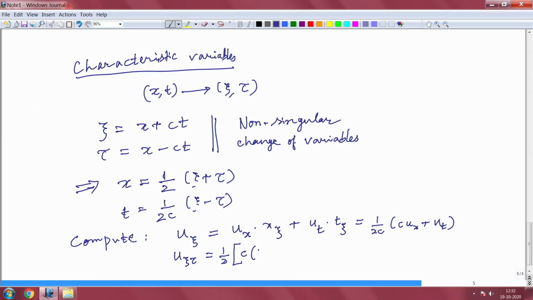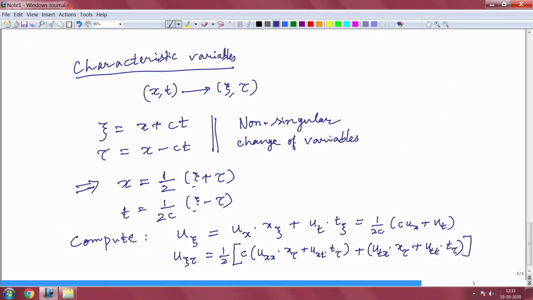For that, again I use implicit differentiation: u x x times x tau plus u x t times t tau, and similarly I do it with u t.